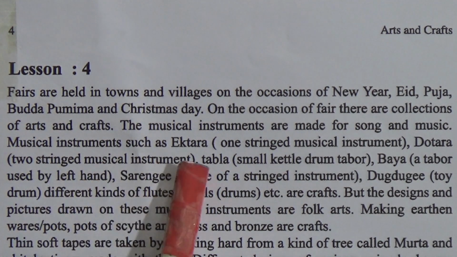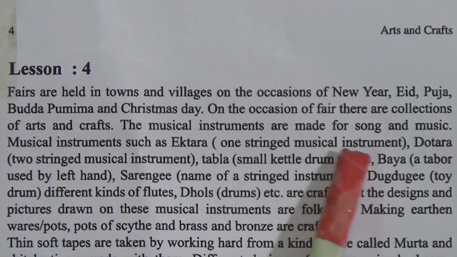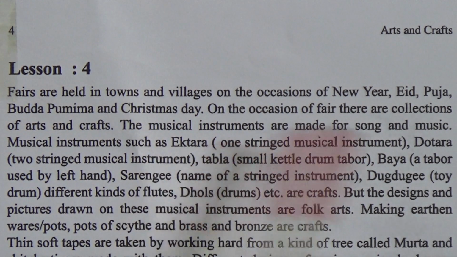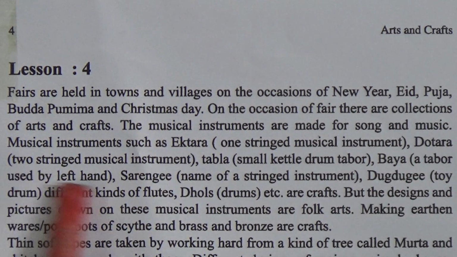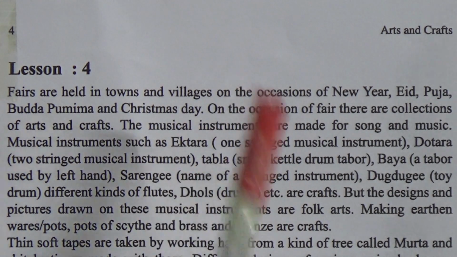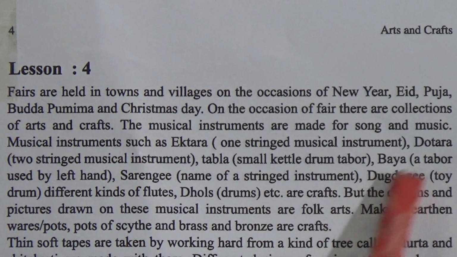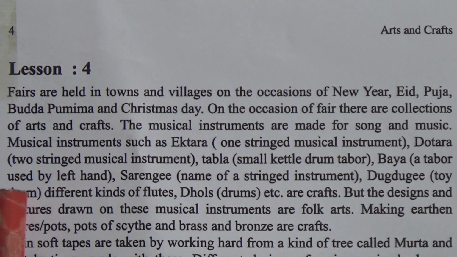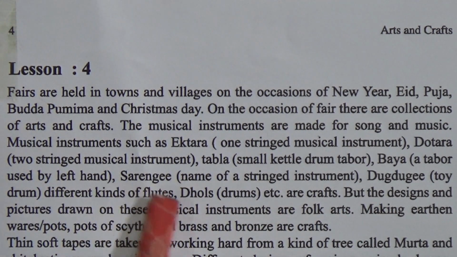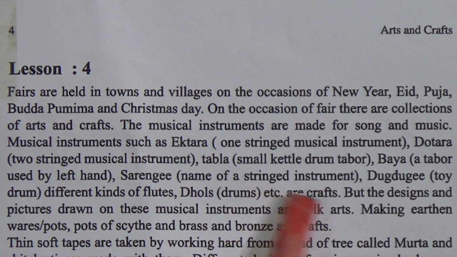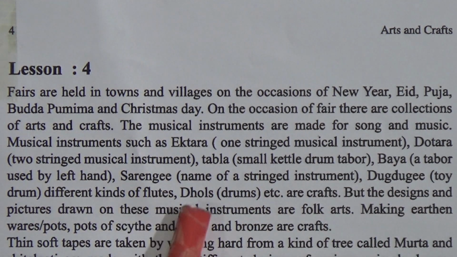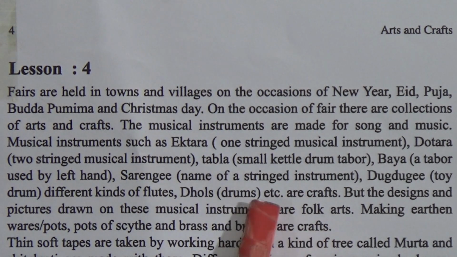Musical instruments such as the ektara, a one-stringed instrument, dotara, a two-stringed instrument, tabla, some kettle drums, tabor, boya, a tabor used by the left hand, sarangi, a stringed instrument, dugdugi, a toy drum, different kinds of flutes, dhols, drums, etc. are crafts. Look, you know the ektara, dotara, boya; this type of things are also folk arts.